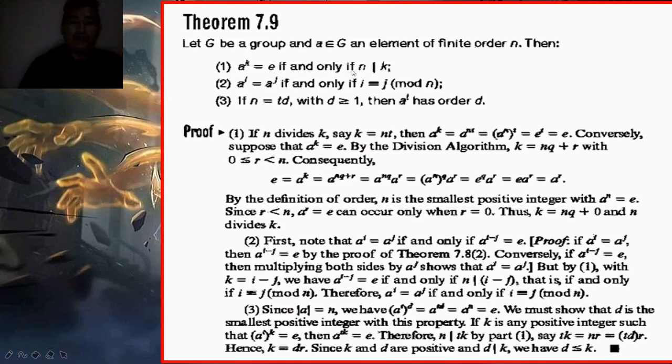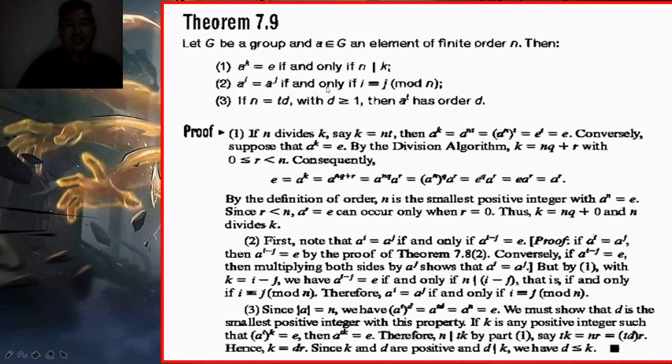So katong mga example kay i to the 4 man to no. Ang i to the 4 nato kay 1 man, so kay 1 man to no, 1 man ang e. So ang a to the 8 na pod class, kay equal gyapon ni 1. Unya, si 4 mo divide man na kang 8. Tama? n divides k.